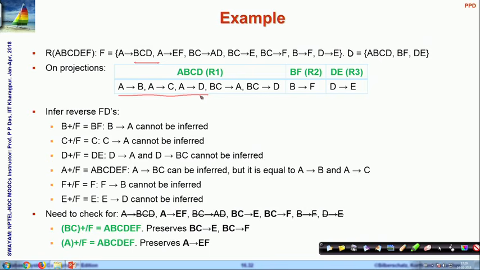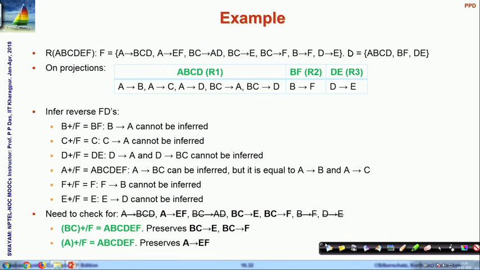So, A determines B, C, D is written in terms of 3 dependencies: A determines B, B determines C, and C determines D. So, you make sure that all dependencies are written in a form where the right hand side has a single attribute.